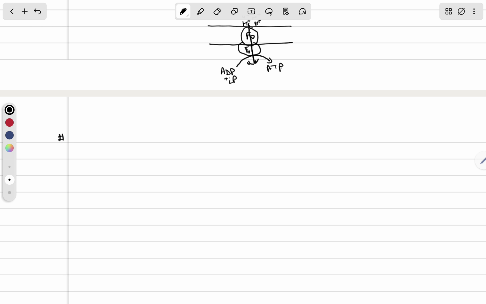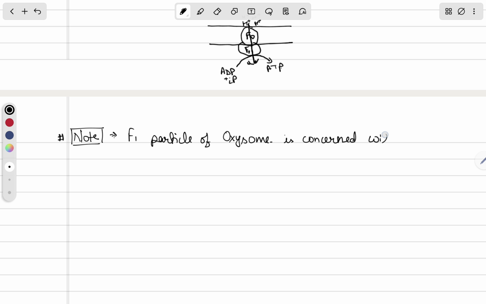So there is one special note: the F1 particle of the oxysome is concerned with ATP synthesis, and the term for it is oxidative phosphorylation.